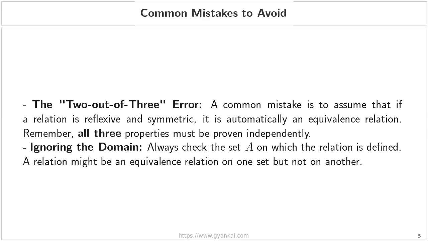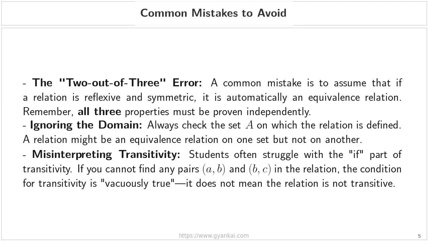Next, be careful about ignoring the domain. You must always check the set, which we refer to as set A, on which the relation is defined. This is critical because a relation might satisfy all the conditions on one specific set, but fail to be an equivalence relation if the set is changed. Third, there is the issue of misinterpreting transitivity.